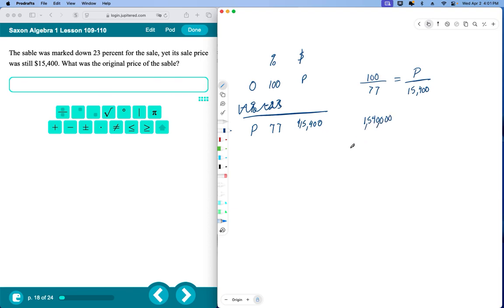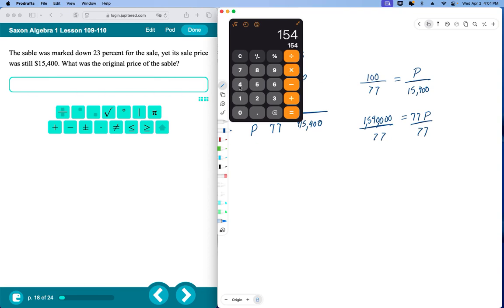So 1,540,000 is equal to 77 times P. So if I divide both sides by 77, we put this in here, 1540000 divided by 77, then $20,000 is the original price.